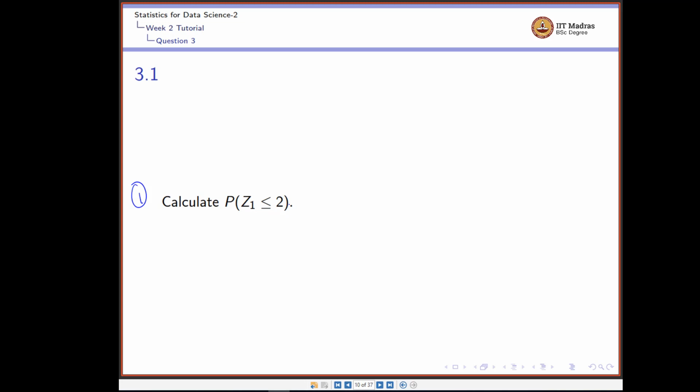So how will I find it? We have to find the probability that Z1 is less than or equal to 2.